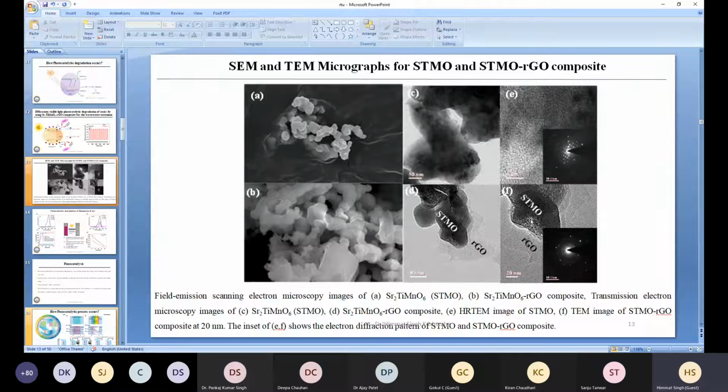You can see in the images that the catalyst is completely entrapped within the reduced graphene oxide sheets, and the diffraction pattern also shows the amorphous nature of the graphene oxide sheets. In the case of the pure strontium titanium manganese oxide ceramic, STMO ceramics, the size is within the nano range.